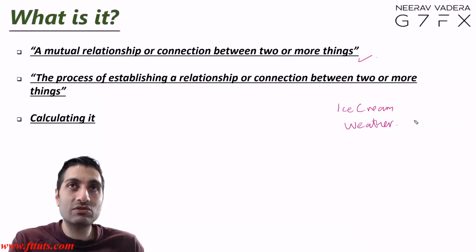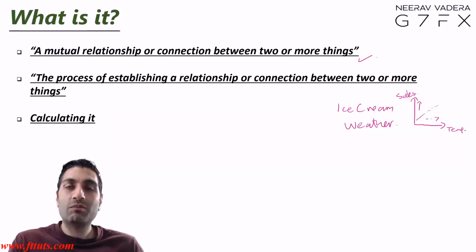So if that's the temperature, and that's sales of ice cream, would you agree? You would expect to see sales go up as the temperature rises. So you tend to see some sort of positive relationship.